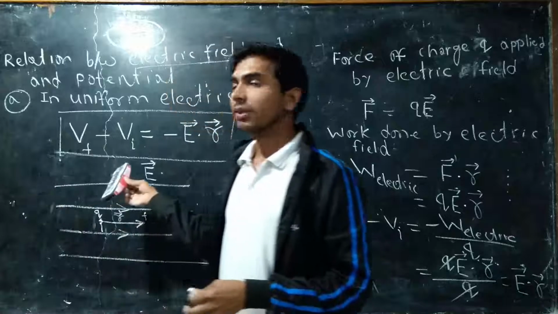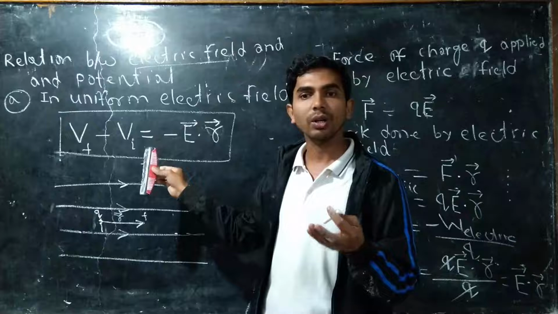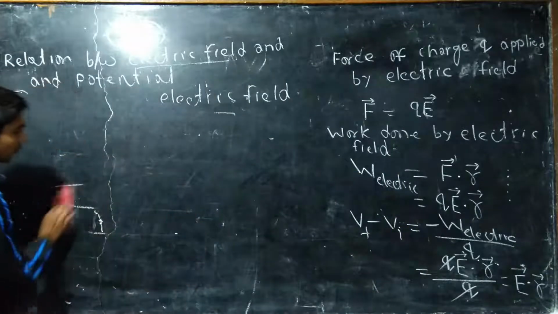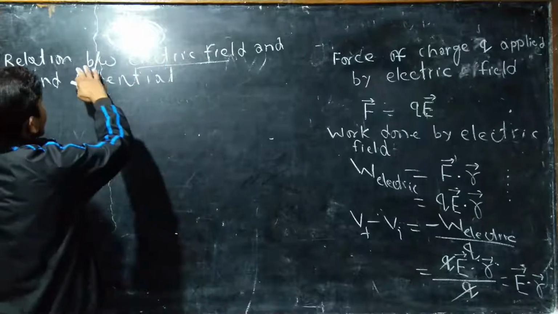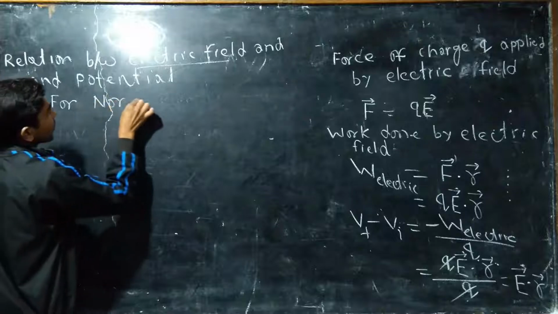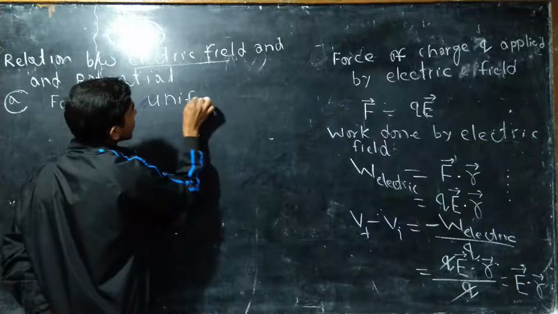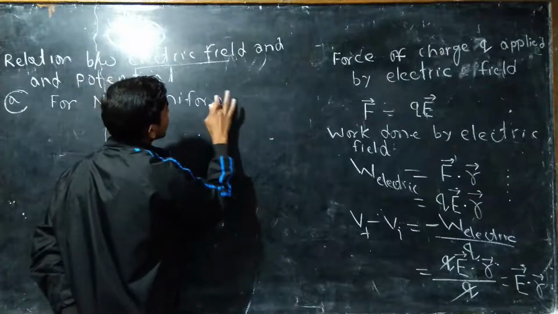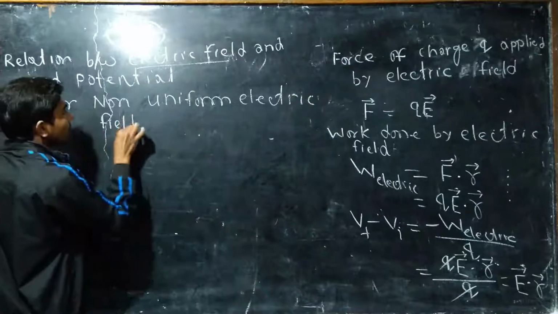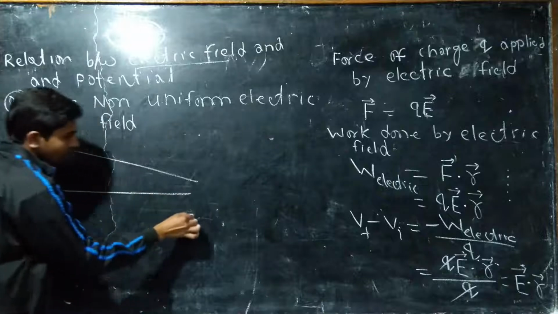This was for uniform, so next we are going to discuss the relation between electric field and potential for a non-uniform electric field. Now you can see here, this is your non-uniform electric field.